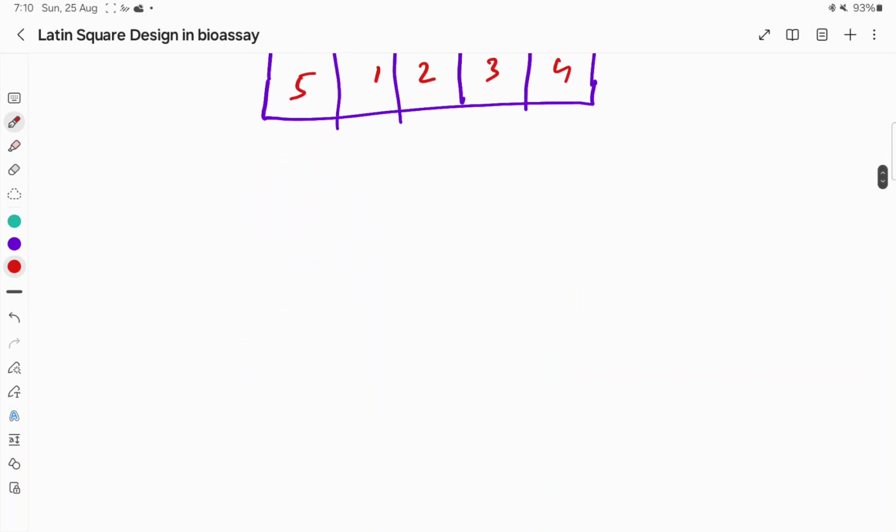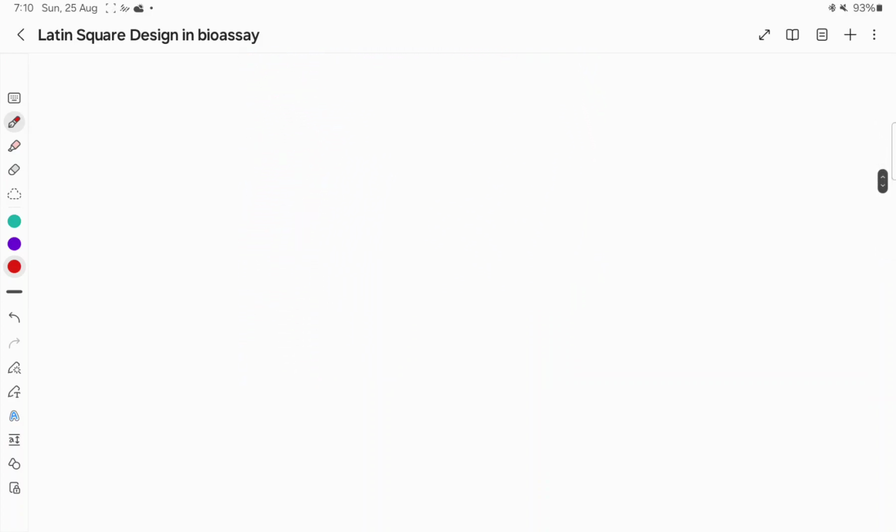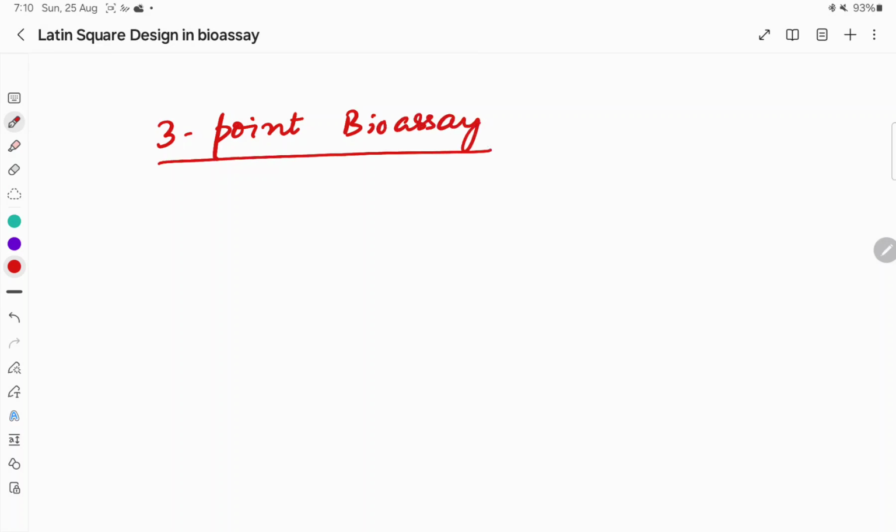Now, how is this applied? In bioassay we will discuss how this Latin square design can be used. First the 3-point bioassay. When we say 3-point bioassay, the 3 points are 2 standards and one test, once we do the dose response curve of the standard followed by the test.